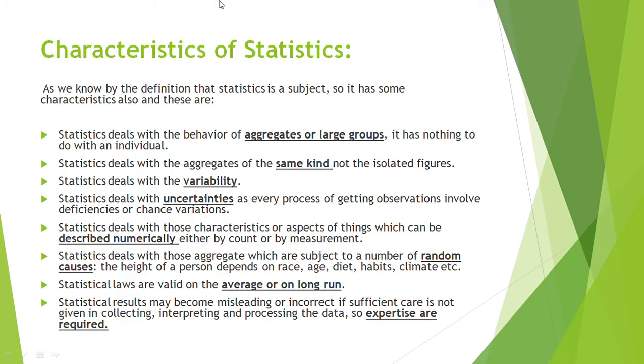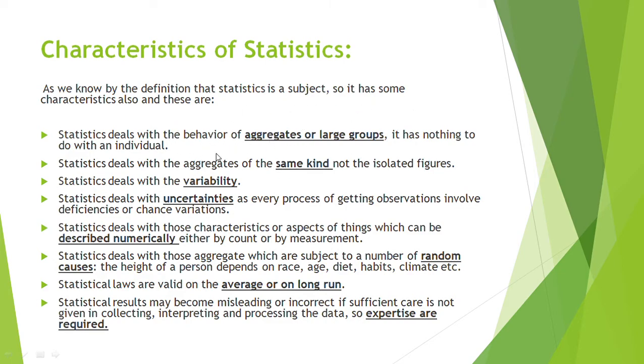Next, we have characteristics of statistics. Statistics have some specific characteristics. For example, statistics deal with the behavior of aggregates or large groups. It has nothing to do with an individual. Statistics means the collection of figures, an aggregate of data of large groups.